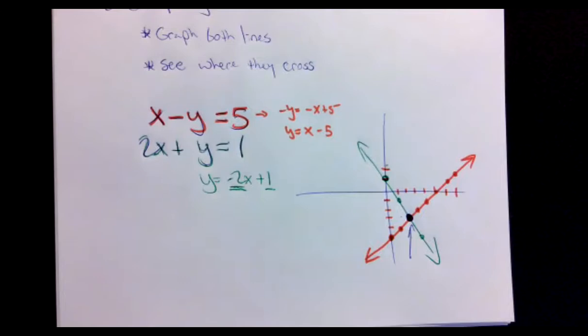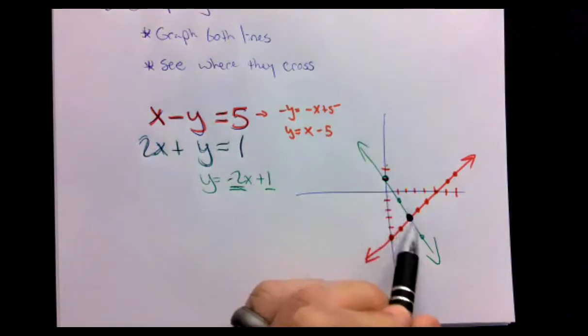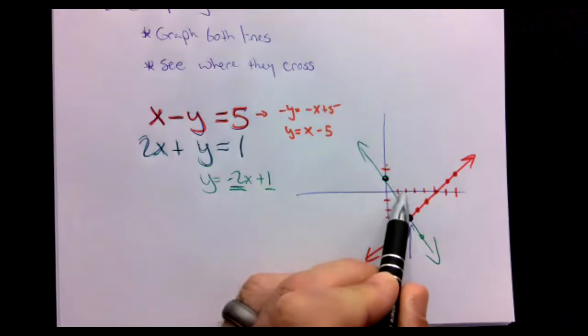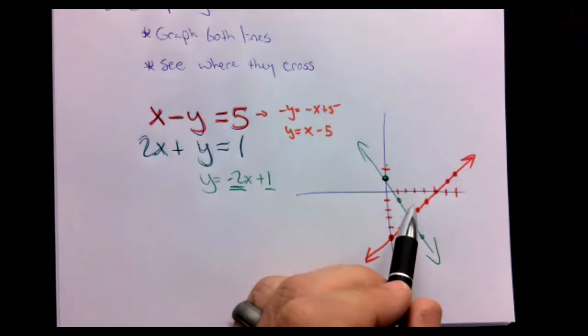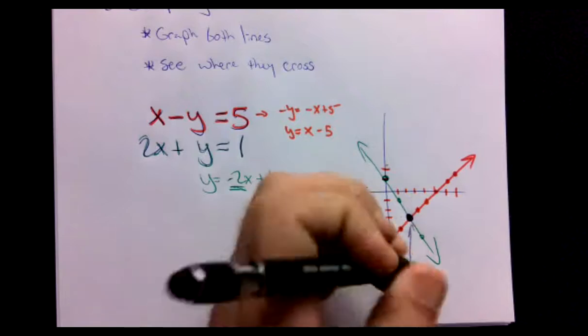So where those lines cross is your solution. That is the point that's going to work for both of these equations. So if we look at where this point here is, it's at 1, 2, yeah, and then negative 3.